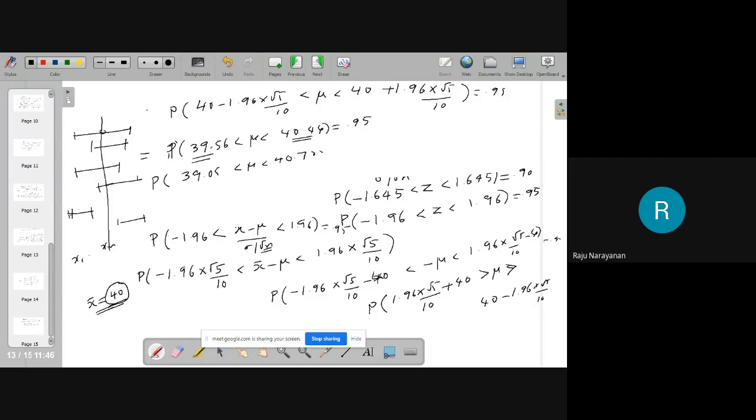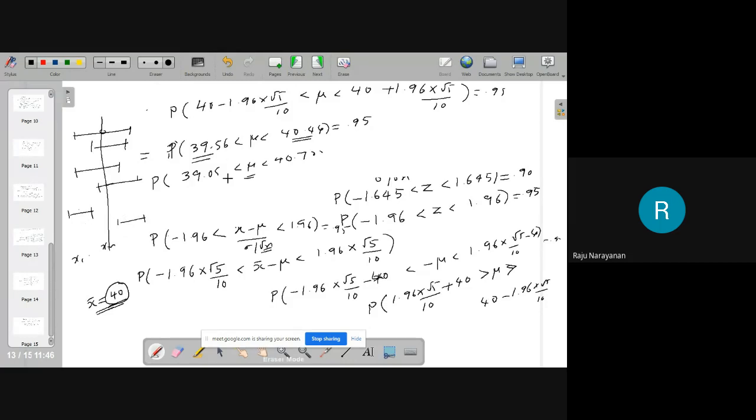But if you take samples again and again, this interval x bar minus 1.96 into sigma by root n, and x bar plus of that, will contain mu in 95% of the cases. Only in 5% of these type of intervals will not contain mu. That's all.